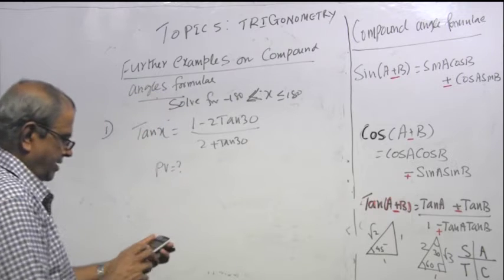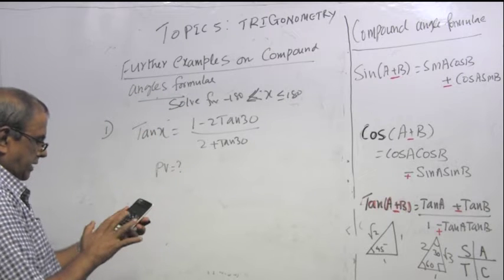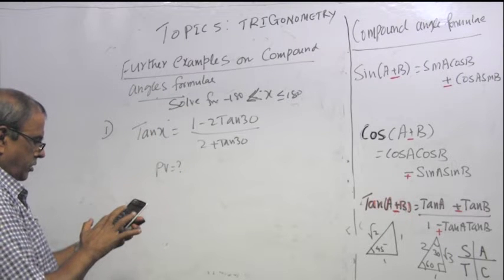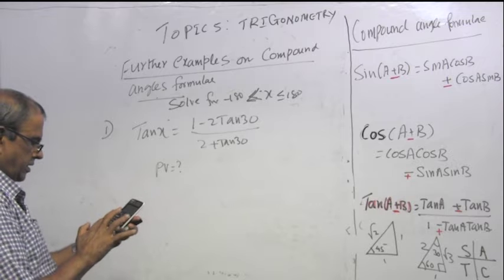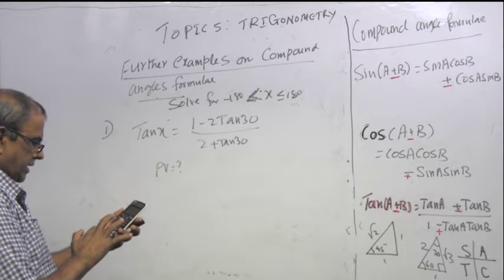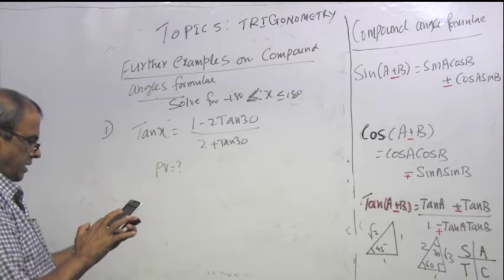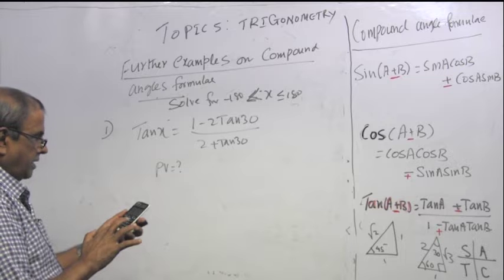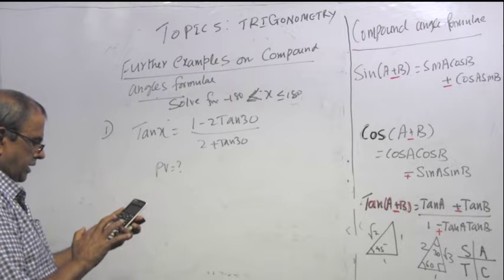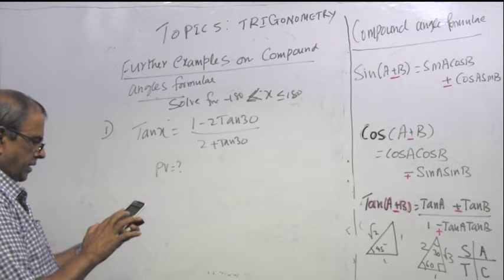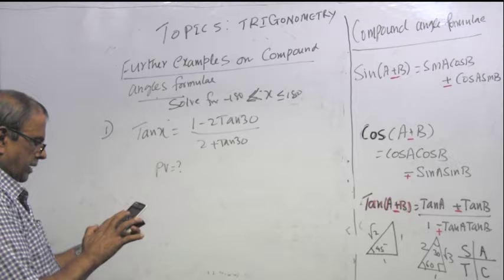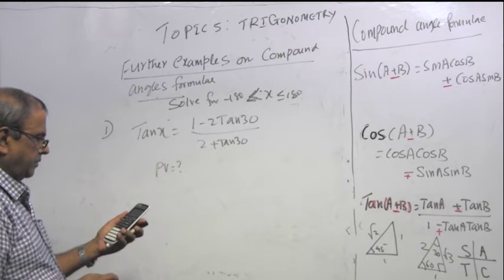So open bracket 1 minus 2 times tan 30 close bracket, divided by open bracket 2 plus tan 30 close bracket, equal to that.